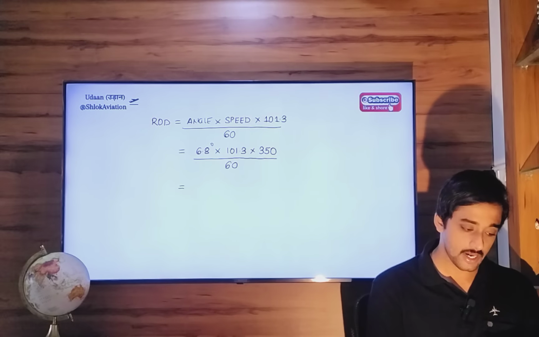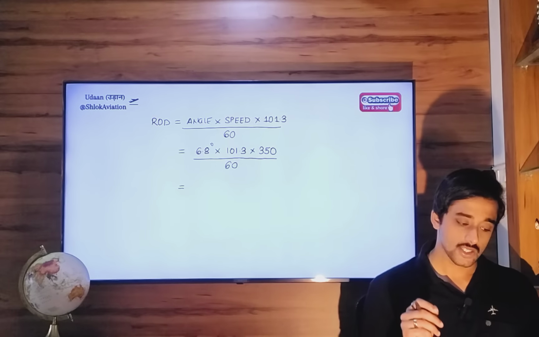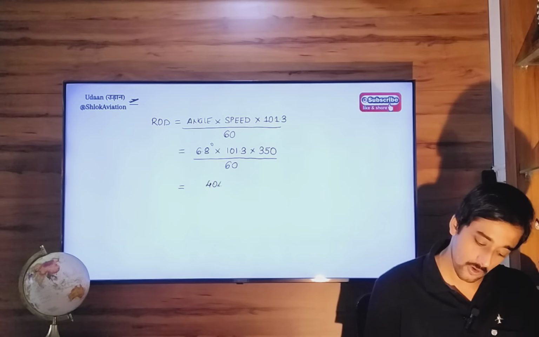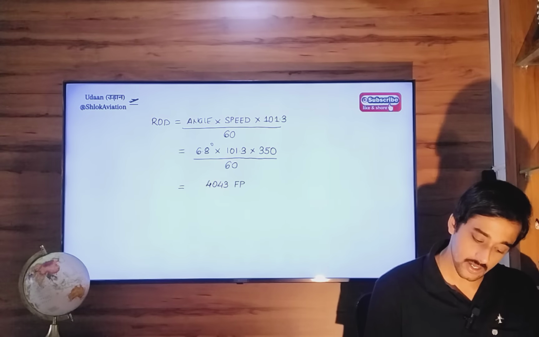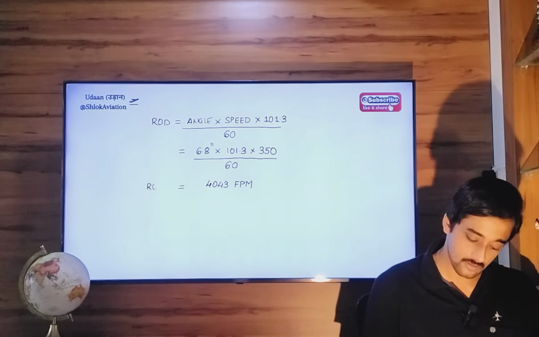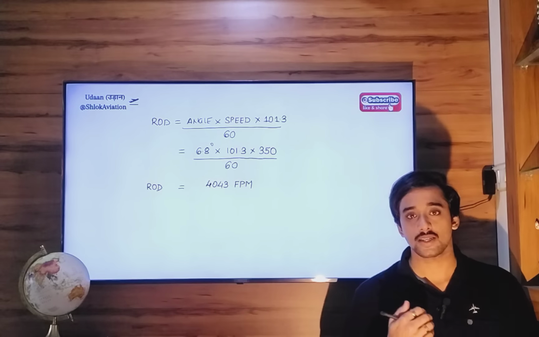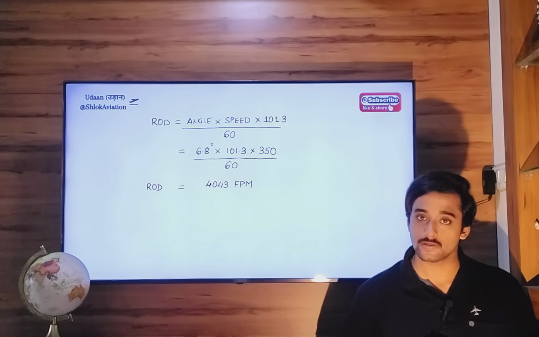So 6.8 into 101.3 into 350 divided by 60 is 4043. Okay, 4043 feet per minute. That's your answer. So select the option which has a value closest to this one.